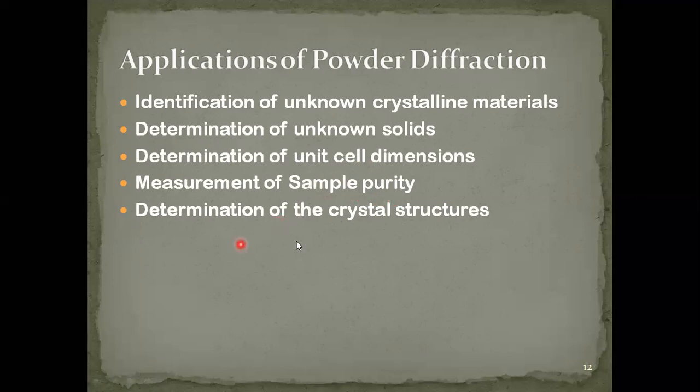The determination of the crystal structure: there are 7 crystal systems, trigonal, tetragonal, monoclinic, rhombohedral, hexagonal, triclinic and cubic. Out of these 7 crystal systems, which one is your material? That can be identified by using XRD.